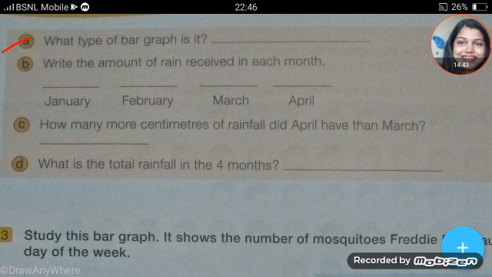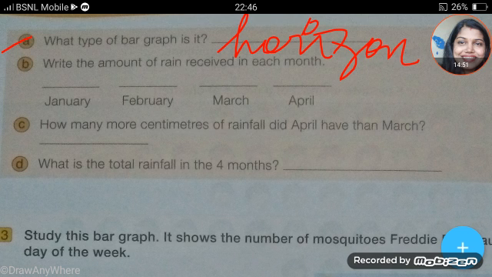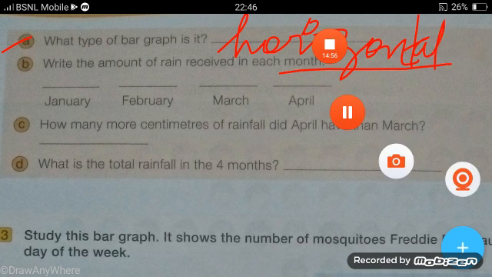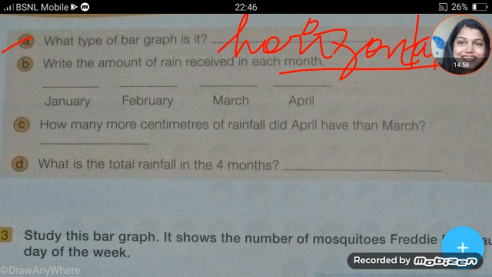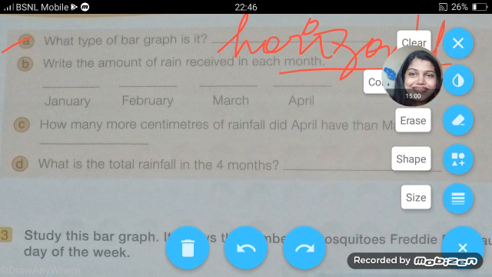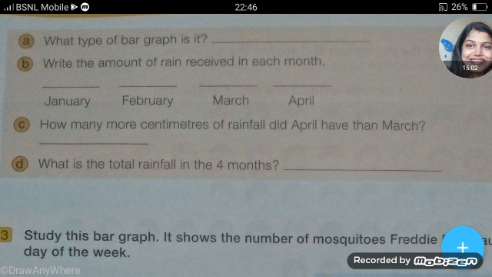So if you just see the question, children, here it is which type of bar graph, it is horizontal bar graph. As we have seen, it is horizontally drawn. So you can just write horizontal bar graph. Second thing, what is the amount of rainfall received in each month? So you're going to write amount of each month. So January, what is the amount? If you just see the month here, the January month has amount of 23.